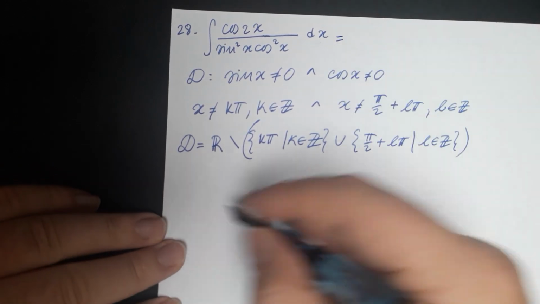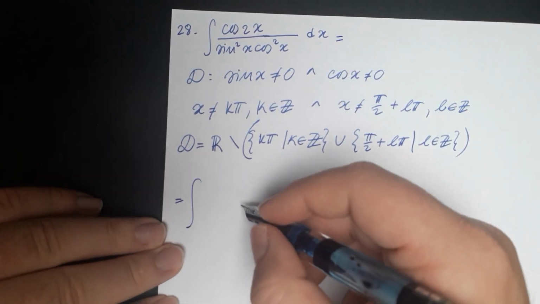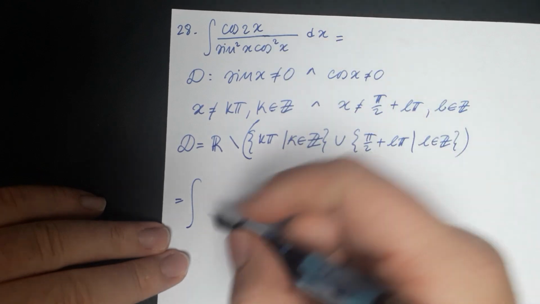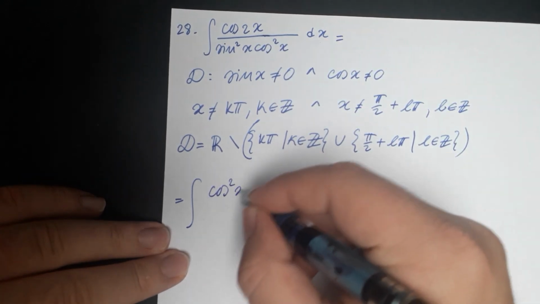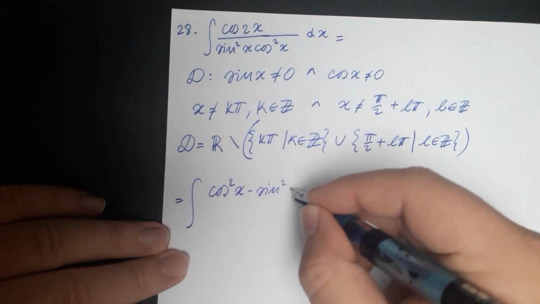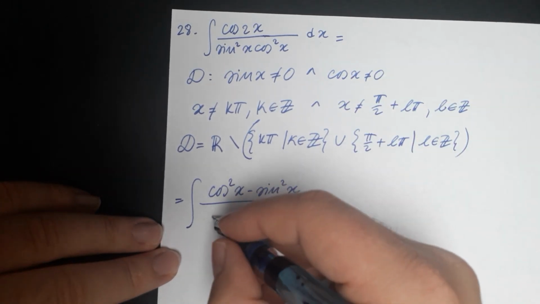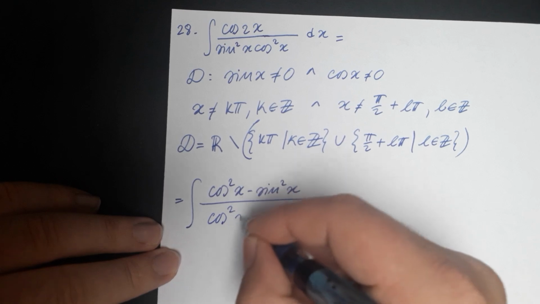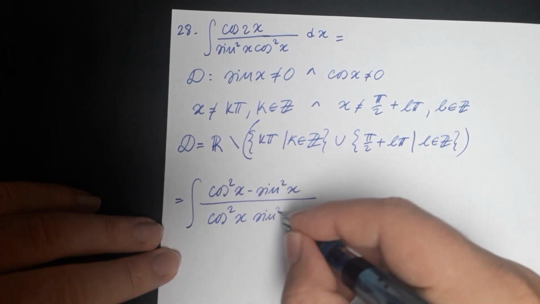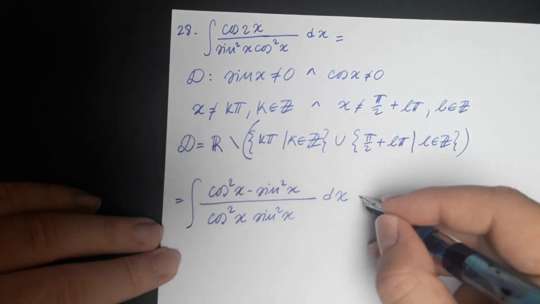So then our integral becomes an integral of cosine 2x, that is cosine squared of x minus sine squared of x, a basic trigonometric identity, divided by cosine squared of x times sine squared of x dx.